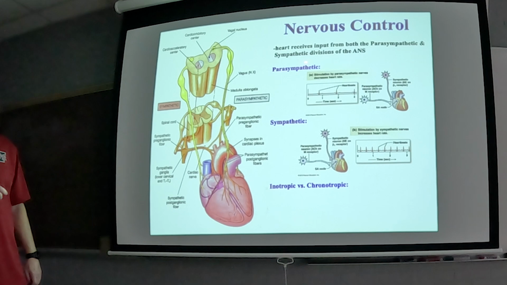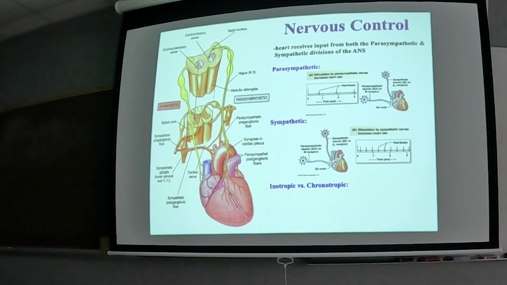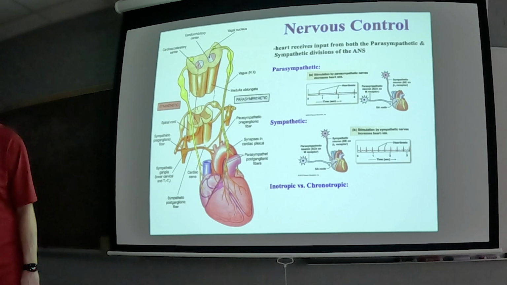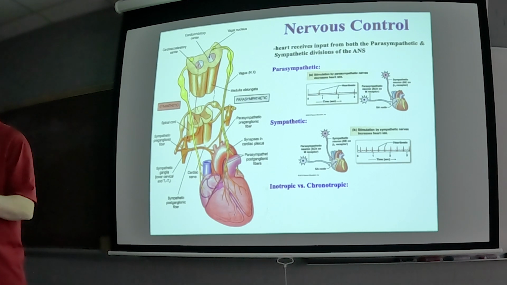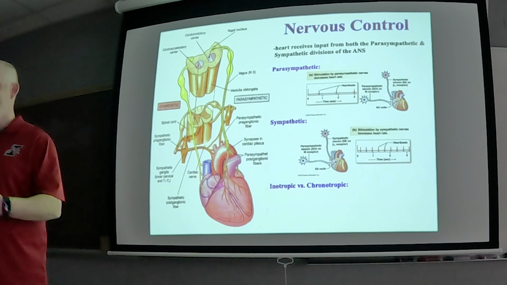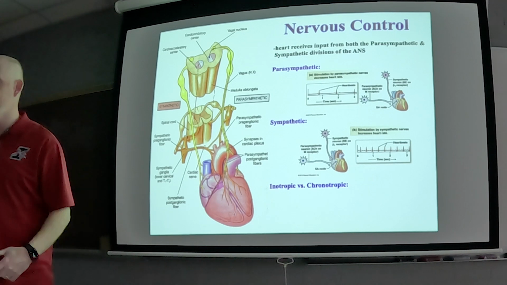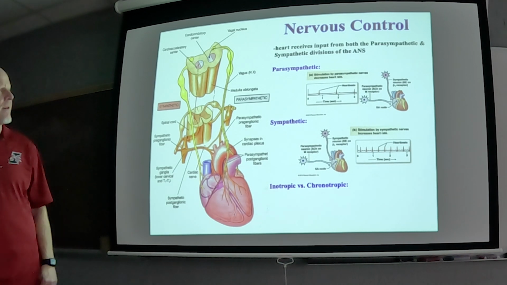And the parasympathetic nervous system releases acetylcholine to these nodal cells, which control the rhythm of the heart. And on an EKG, it'll look like this. Notice your blips or your waves are very spread out, aren't they? So you're going to slow heart rate, right? So the parasympathetic nervous system slows heart rate.